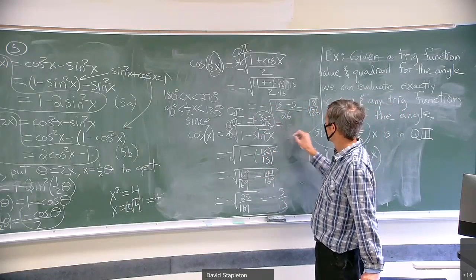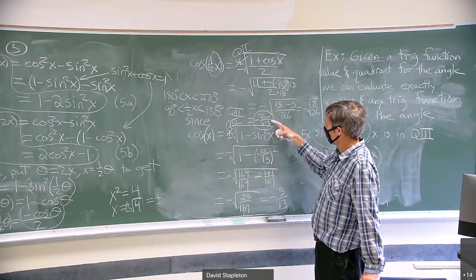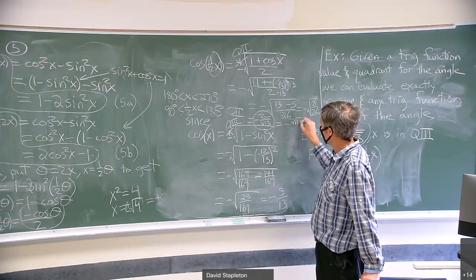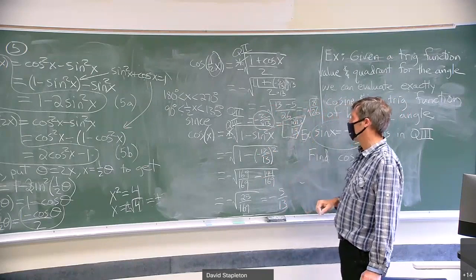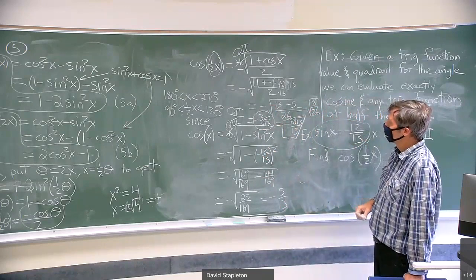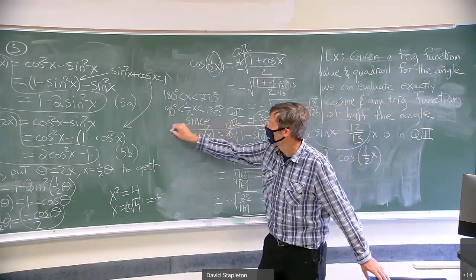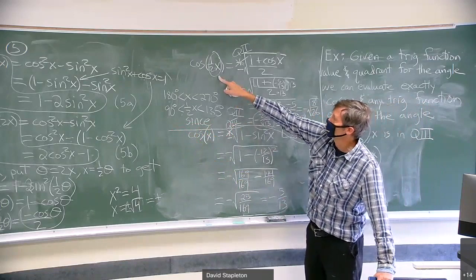That's a good answer too, of course. This is what's in most textbooks. Multiply top and bottom by square root 13 and call this minus 2 square root 13 over 13. You rationalize. I'm sorry I kind of ran that problem together here, but this is the way I think is a good way to do it. Evaluate cosine 1/2 x.